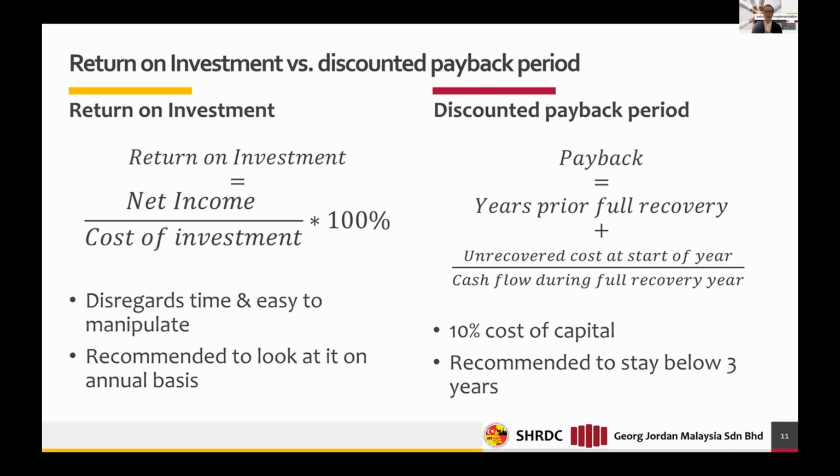What is the alternative to the return on investment basic calculation? The discounted payback period. That is what I recommend and what we use. We just say we have our years pre or fully recovery plus the unrecovered cost at the start of the year divided by cash flow during full recovery year.